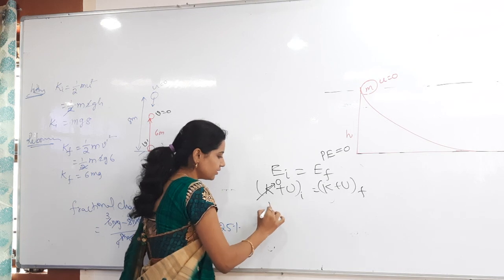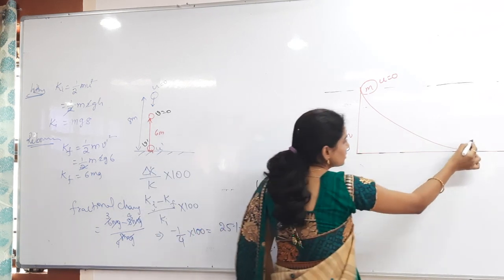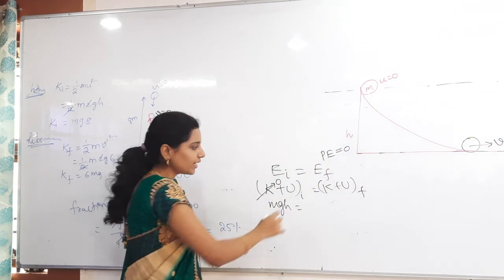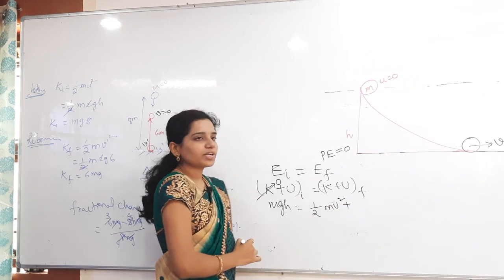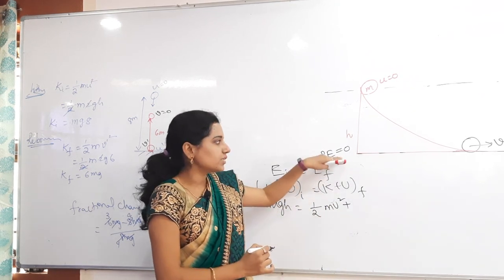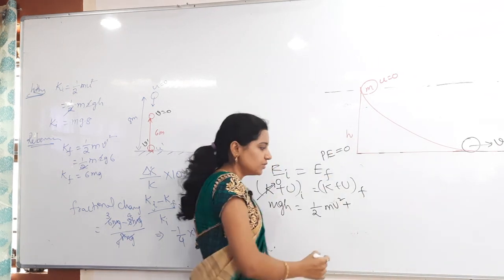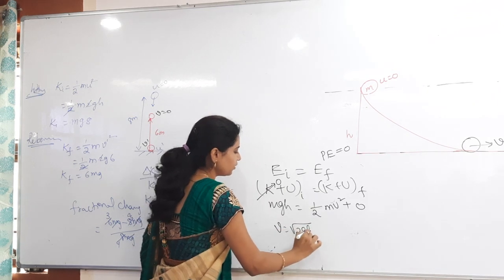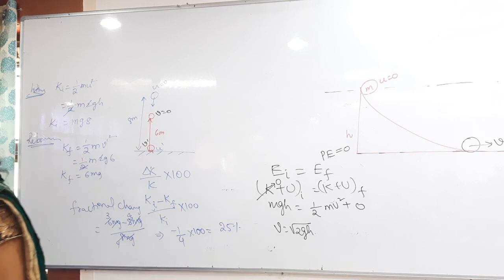So mgh is equal to, finally it is coming here and moving with velocity v, so final kinetic energy is half m v square. Finally potential energy is 0, because this entire level gives zero potential energy. Then v is equal to under root 2gh. Clear? Next problem.